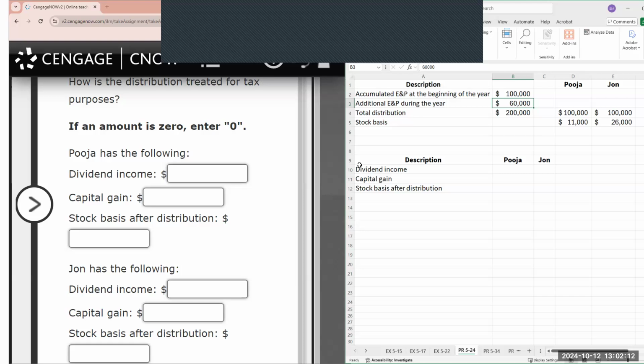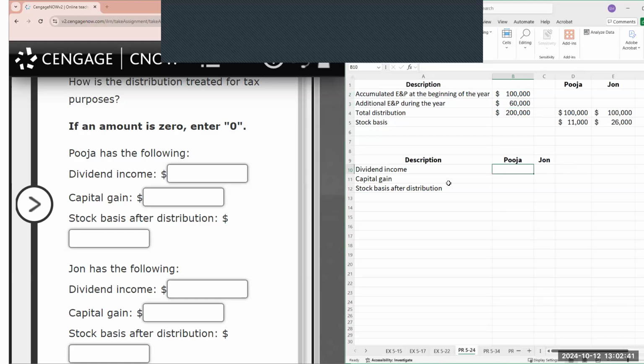Because there are insufficient earnings and profits. In total, the accumulated E&P is 100,000 and the current is 60,000, for a total of 160,000. However, $200,000 worth of distributions were issued. So we need to figure out how much is going to be treated for each individual.